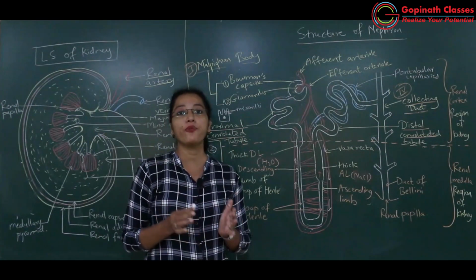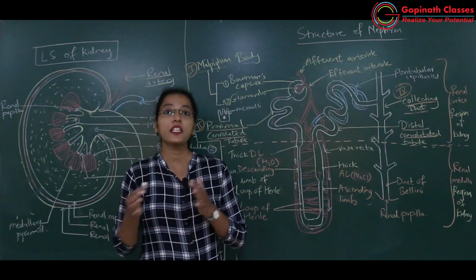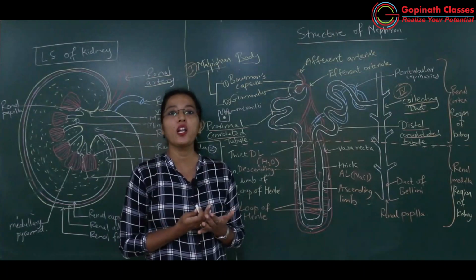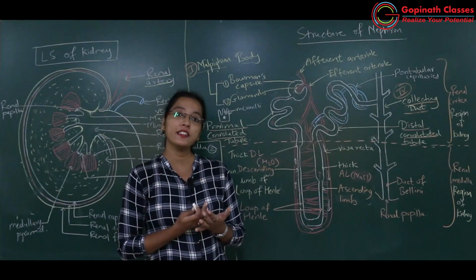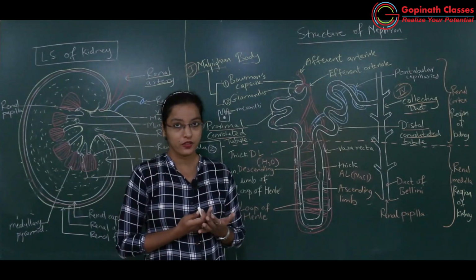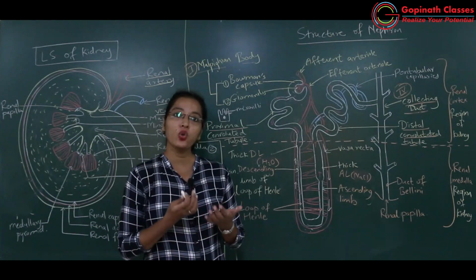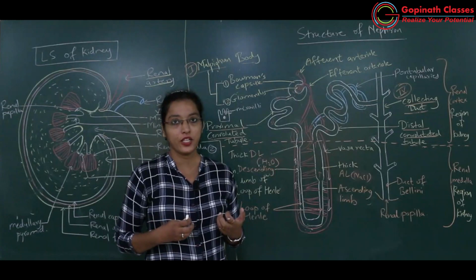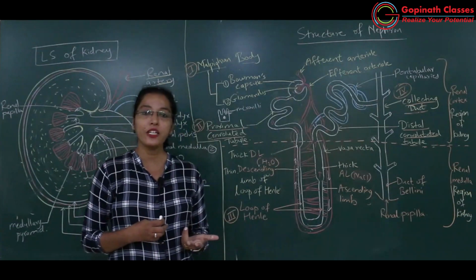in selective reabsorption. Why did I say selective? Because our body will select which salts, which ions have to be absorbed. Then nutrients, glucose, amino acids are needed by the body, so they will be reabsorbed. First, where will absorption take place?